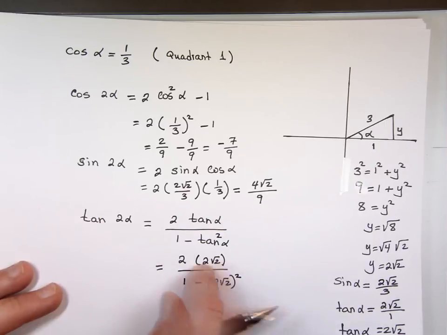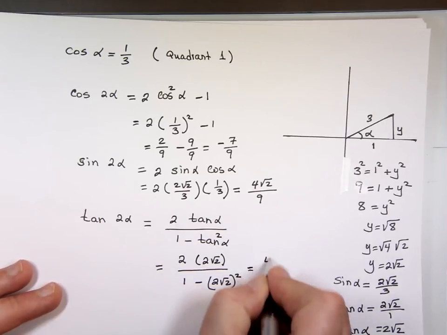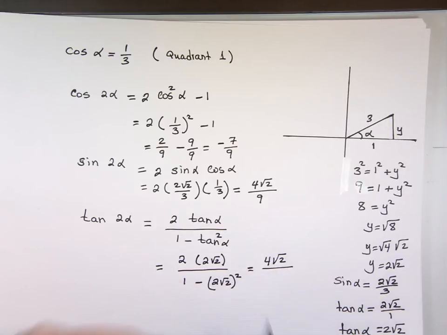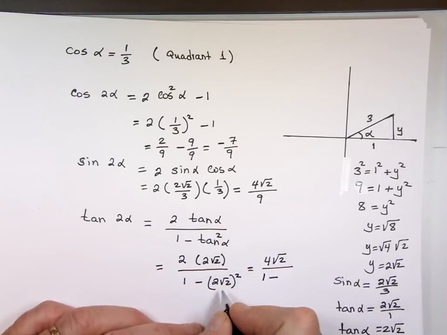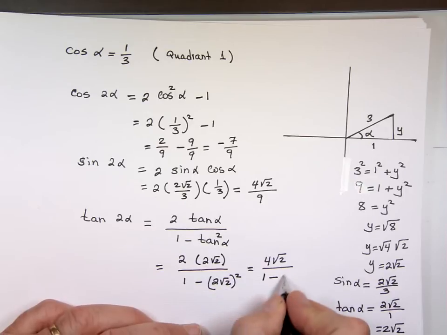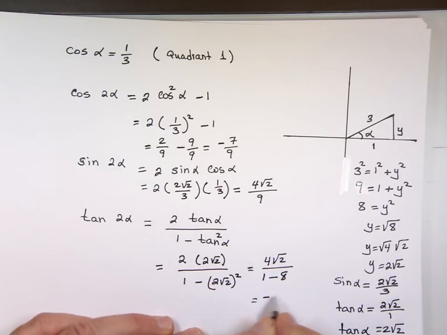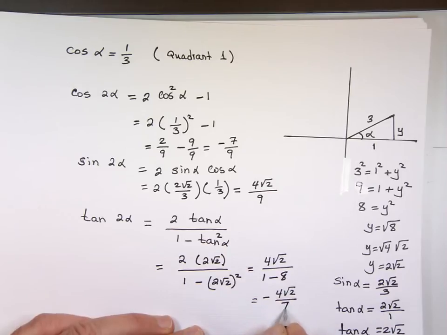Two times 2 is 4. The square root of 2 divided by what? 1 minus. Square that. That's an 8, because 2 squared is 4. When you square a square root, you lose it. 4 times 2 is 8. That would be a negative 4 the square root of 2 over 7. I put the minus in the front.